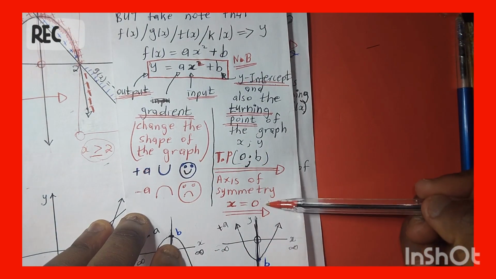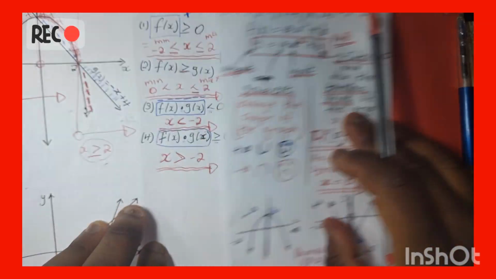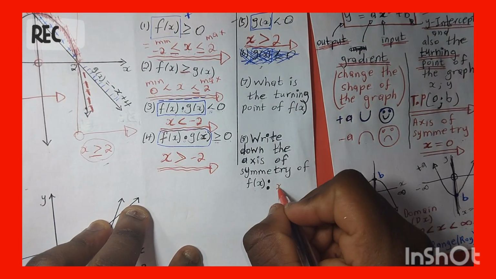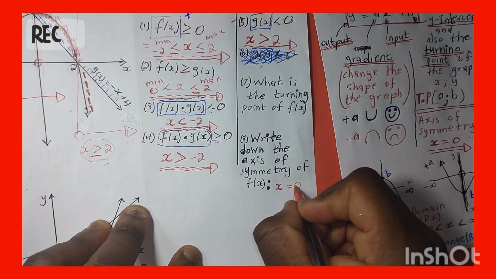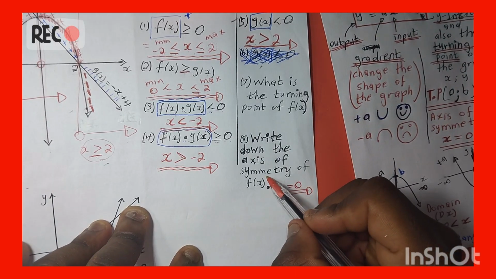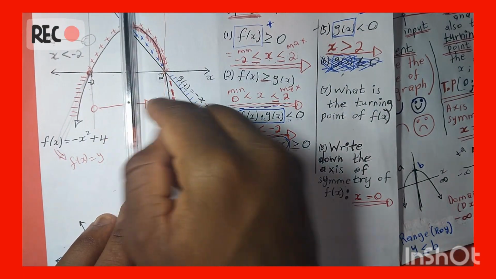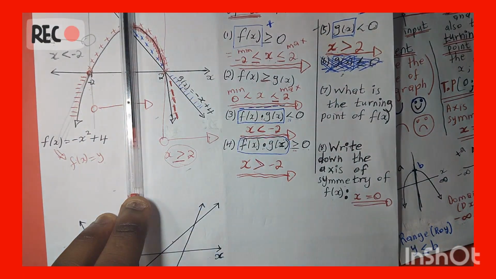They will be in this format. Do you see? This is the equation of the axis of symmetry. Meaning here I can say x is equal to 0. Axis of symmetry, guys, is the line that divides a shape into two equal parts.